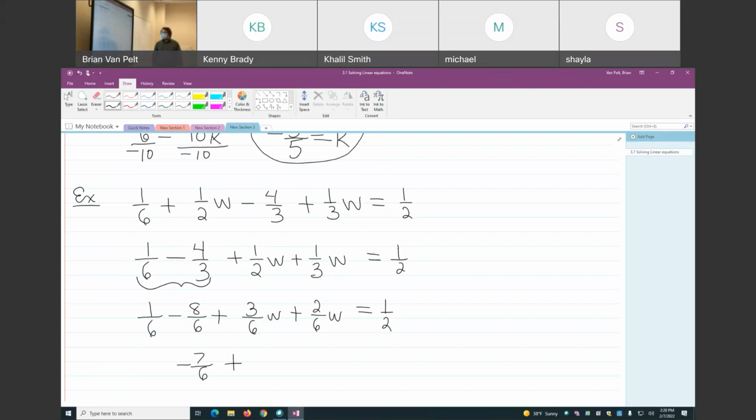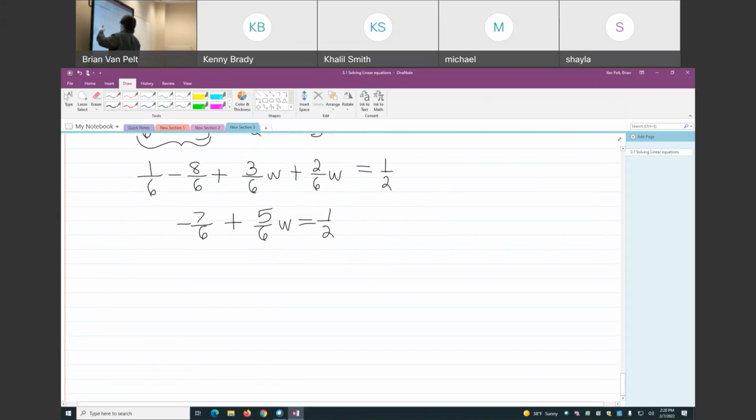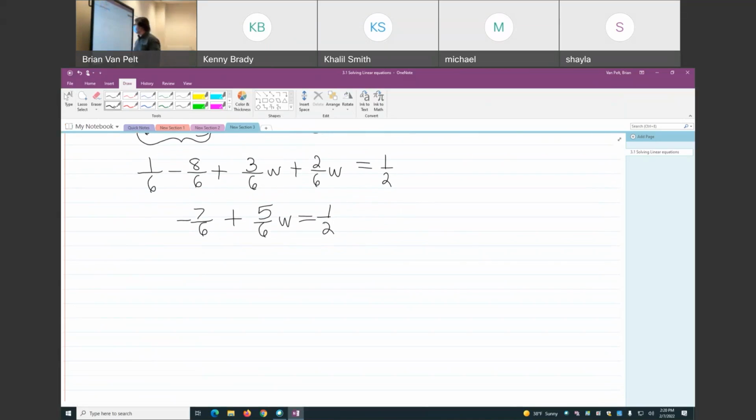And of the W's, I have a 3/6 W plus a 2/6 W, that's 5/6 W. Now it's similar to what we just did. So now, like normal, I'll add 7/6 to both sides.